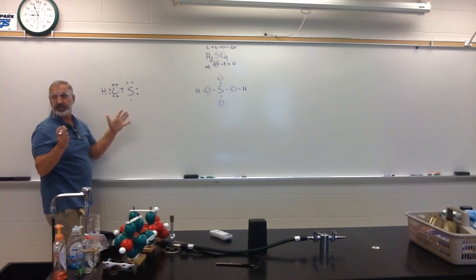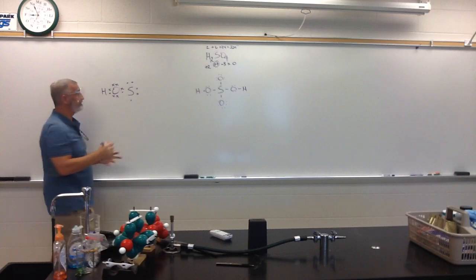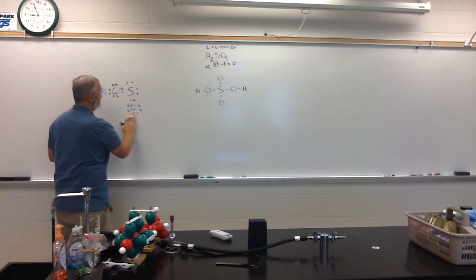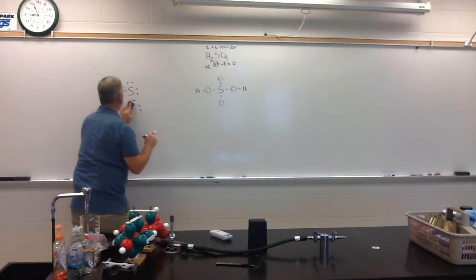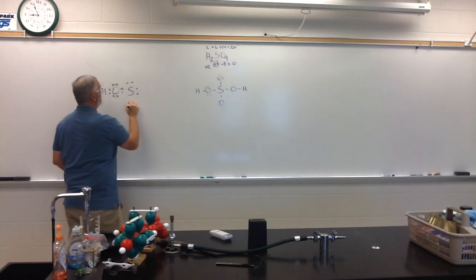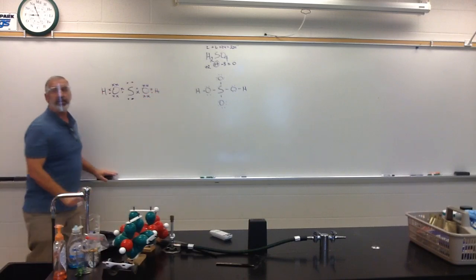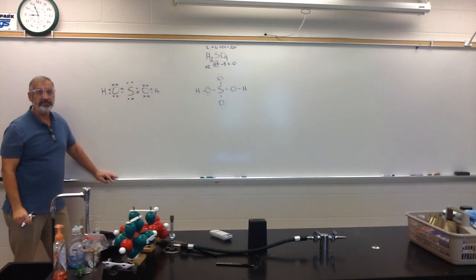They want all dots, but I like to show where the electrons are coming from. Those are those 2 oxygens right there, and hydrogens.